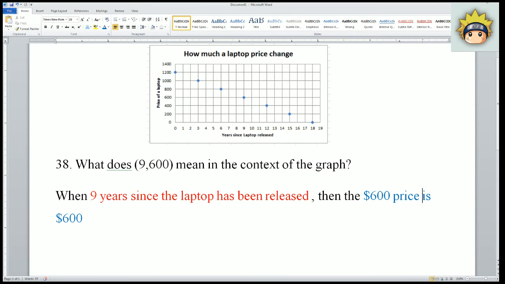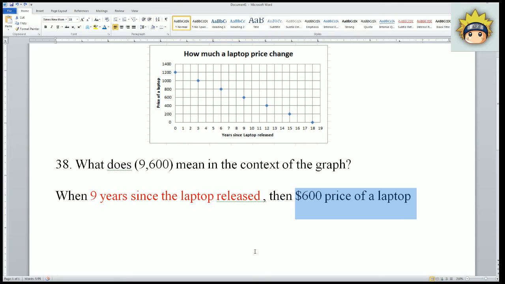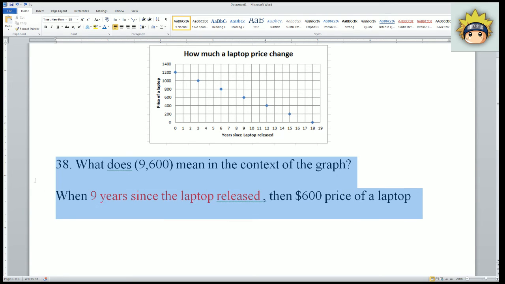Then the price of the laptop is $600. Okay, this is a more grammatical way of writing it. But again, this would also be the correct answer. When 9 years since the laptop release, then 600 is the price of the laptop.